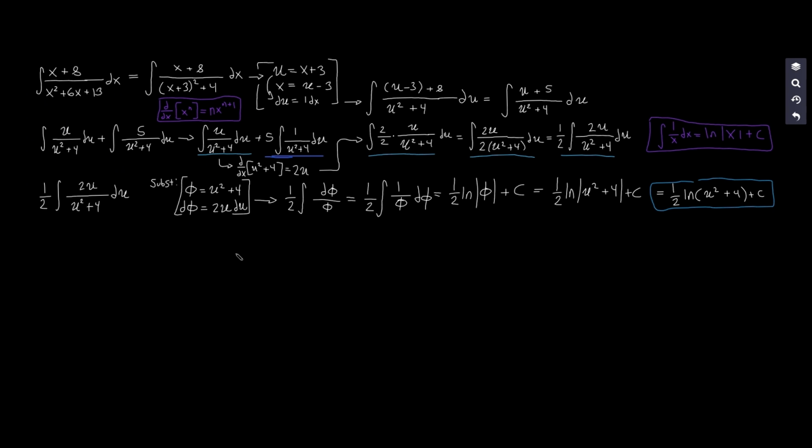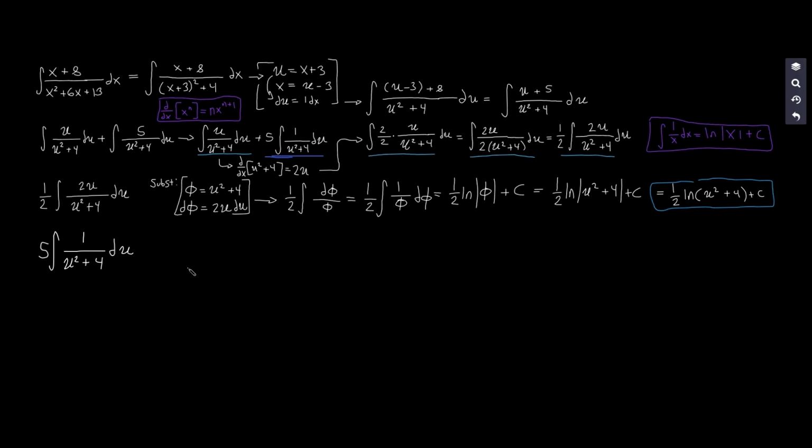So I don't know how we're going to do this, guys. Let's see. 5 times the indefinite integral of 1 over u squared plus 4, integration with respect to u.